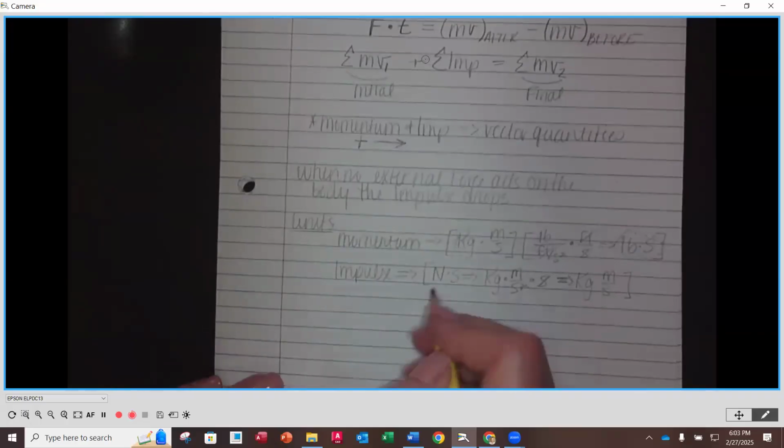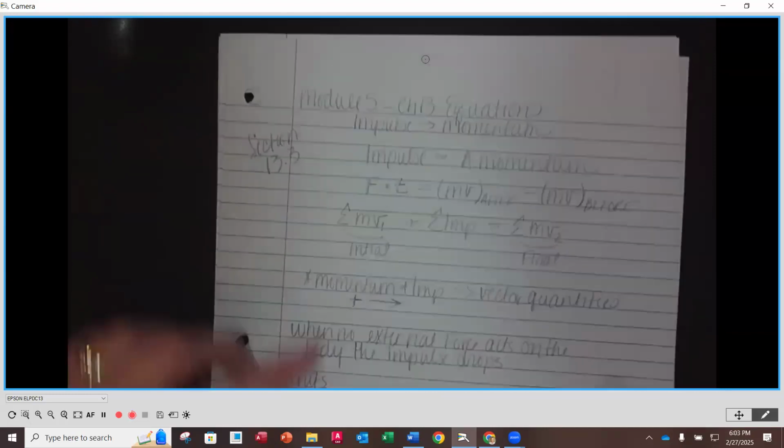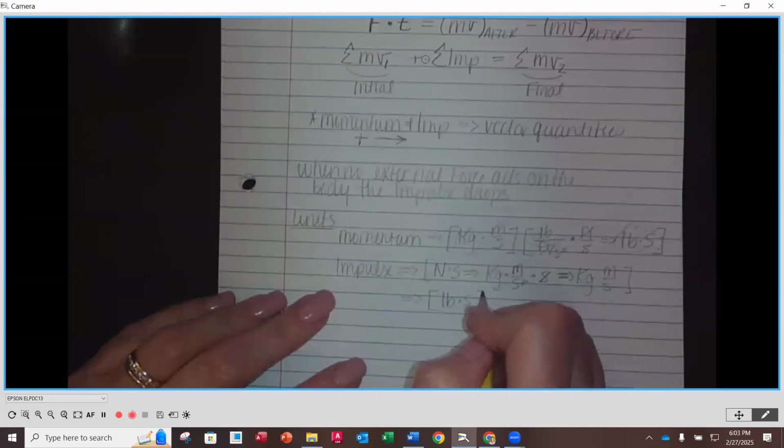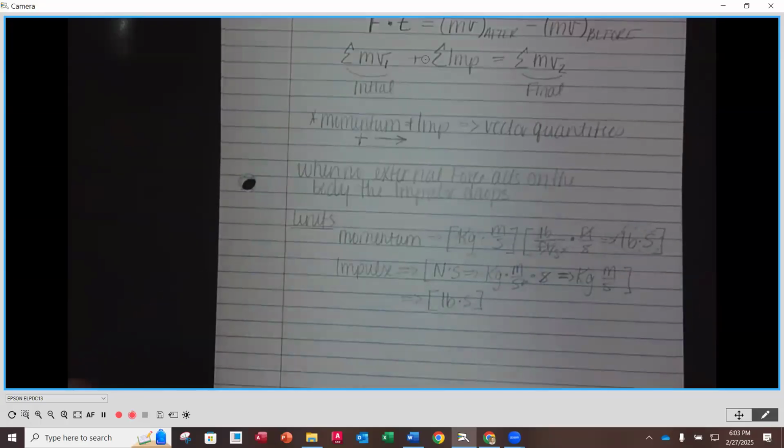And then for our English units, it would simply be force times time. So it's going to be pounds times seconds, which is the same units for momentum. Okay. So just in case you were wondering about units, or if you need to add them in, I wanted to go over those with you so that you could see how the units shake out, or what we're expecting for each one of those quantities.